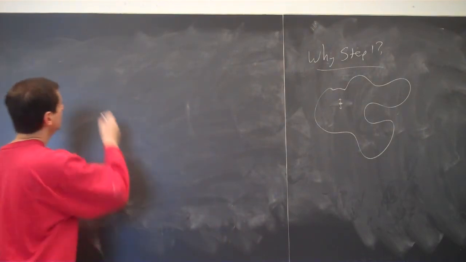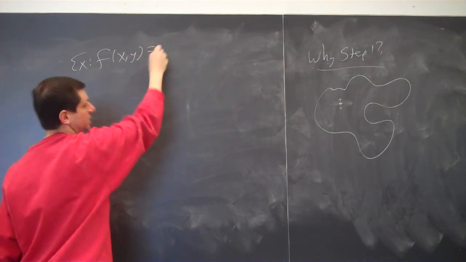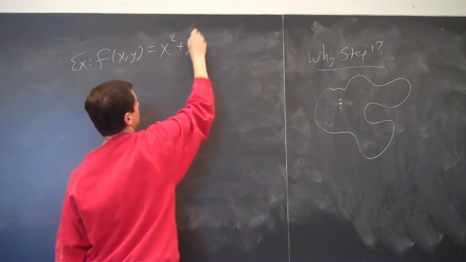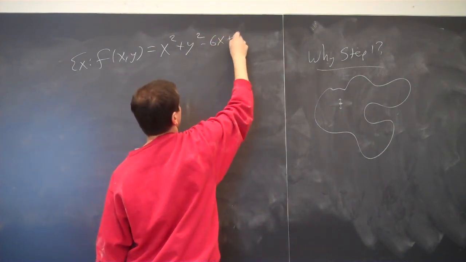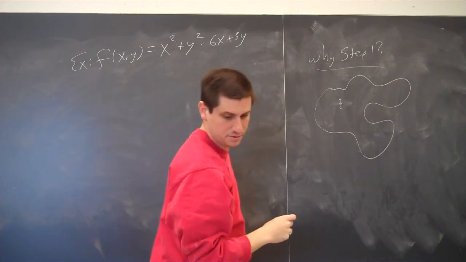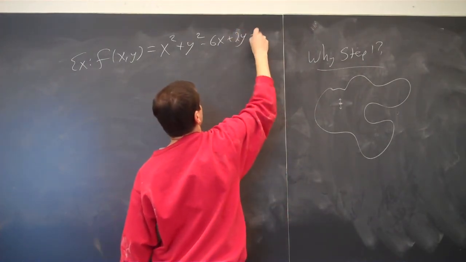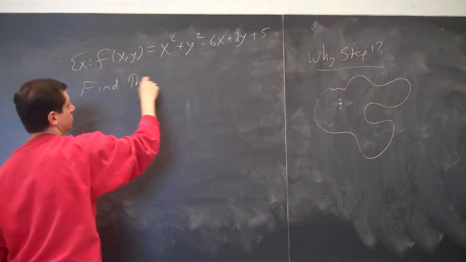Okay, so let's take as an example f of xy equals x squared plus y squared minus 6x plus 2y plus 5. And we want to find the critical points.